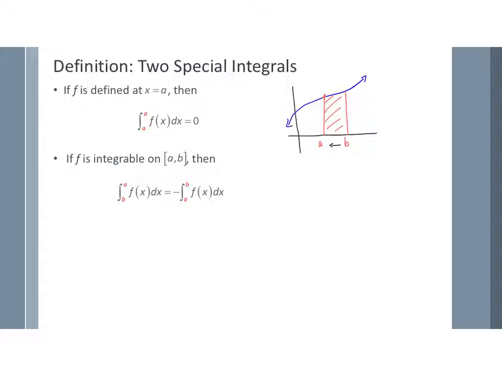So intuitively, it makes sense that this area is 0. Now also, if we change the order of integration and we go from b to a instead of a to b, then that's okay, but the integral from b to a will then yield a negative whenever we change the order of integration.